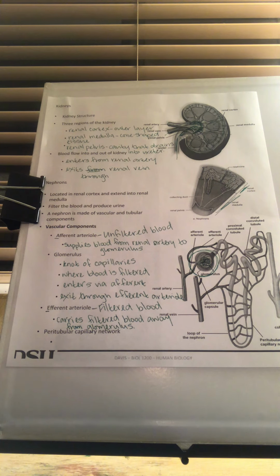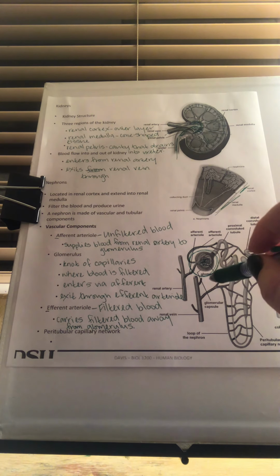The capillaries are called the peritubular capillary network. And these capillaries are going to wind around tubes. They're going to wind around the tubular components of the nephrons.